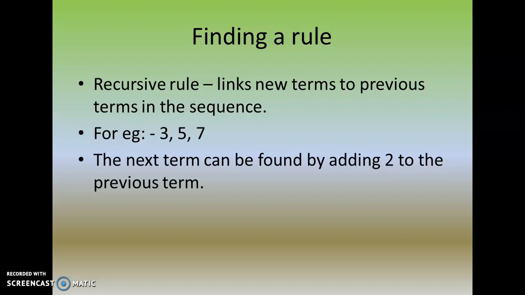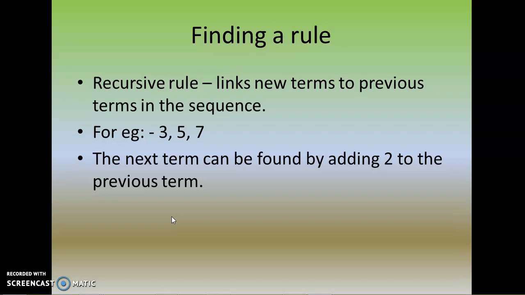So, I can say that each and every time I add 2 to the previous term is going to give me the next number. So the recursive rule here is based on your previous term. So you know the previous term, and depending on what you have to add, multiply, double, whatever you have to do to find the next term is the rule of that particular sequence. Alright, so this is the recursive rule for any sequence that we usually find out.